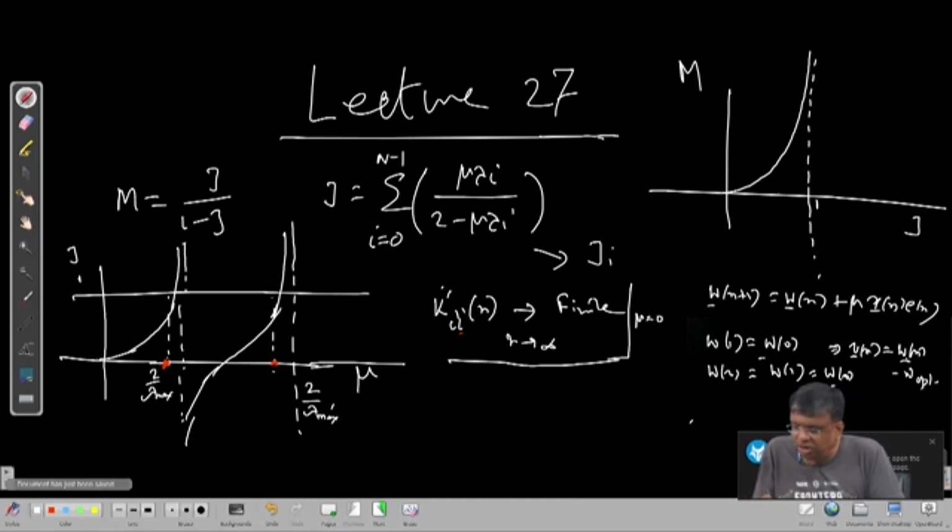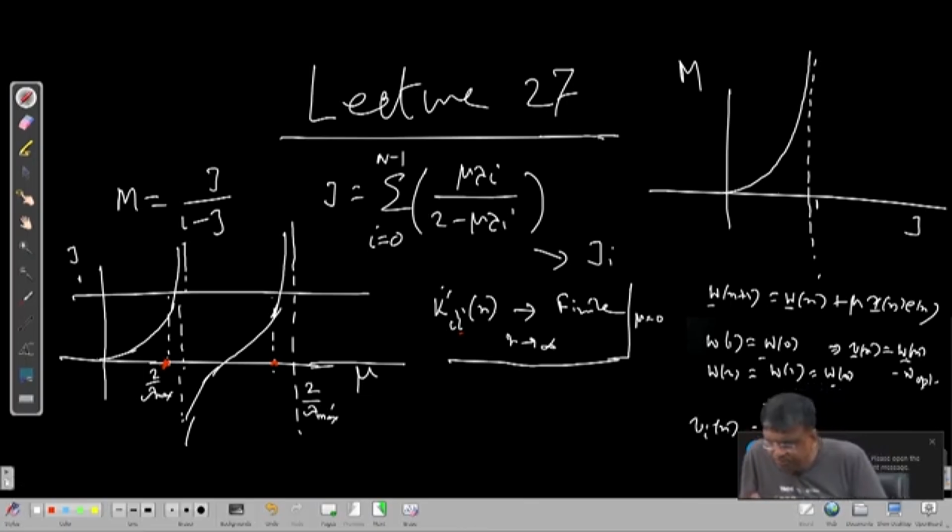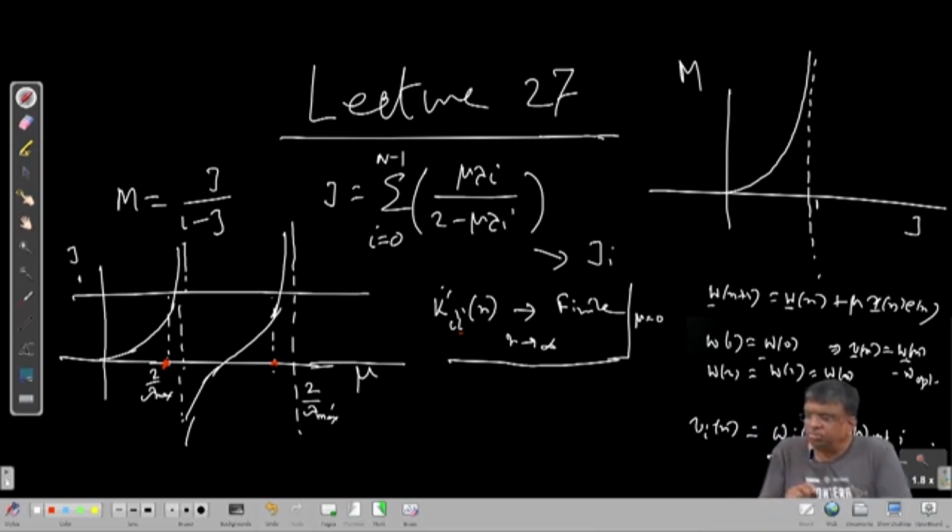So, any component of V(n), V_i(n), will be W_i(n) minus W opt i, which is constant, because W_i(n) is constant. W1 is the same as W0 if mu is 0, W2 is the same as W1 if mu is 0, and so on.